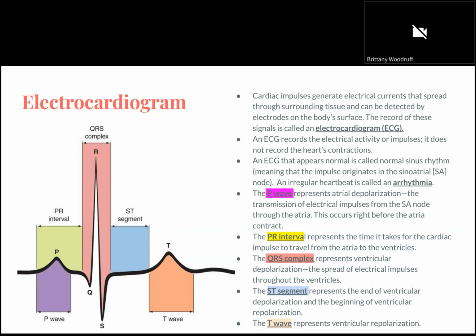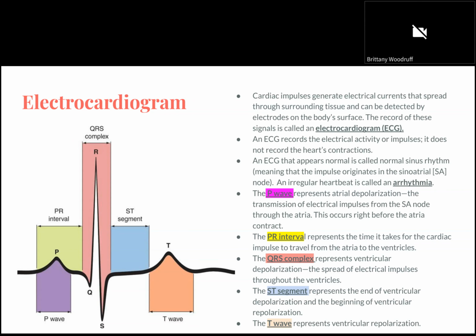The only thing I want you guys to know is this is a QRS complex. The QRS complex found on an EKG represents the spread of electrical impulses throughout the ventricles. Even that, I just want you to see, hey, this is a QRS complex.